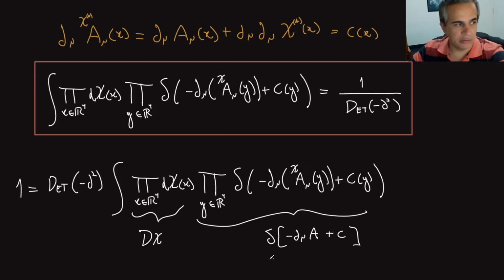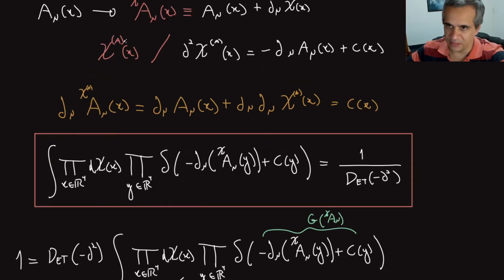The first thing I want to do is to rewrite this, which I'll name G of A mu chi, in terms of this chi_A up here.